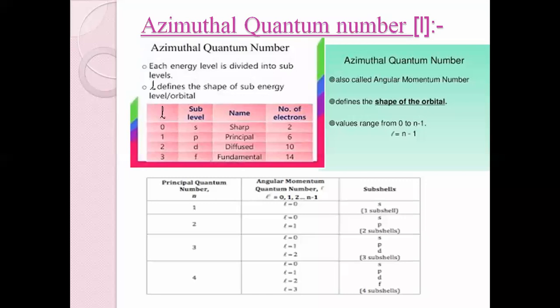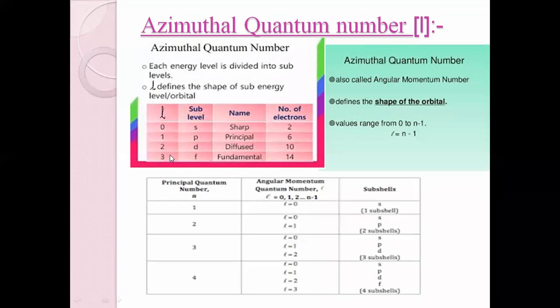Similarly, when n is equal to 4, the principal quantum number n shell is equal to 4. So 4 minus 1 will give me how much? 3. Here, the value of L is equal to 3. 3 denotes the F subshell, which is the fundamental subshell.